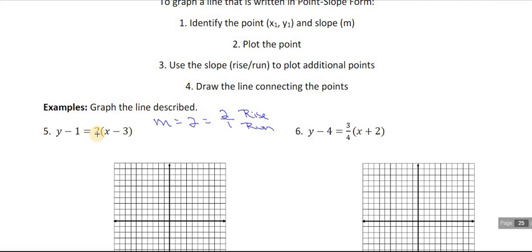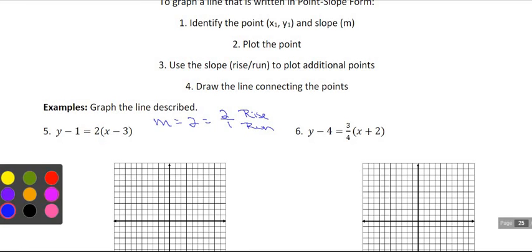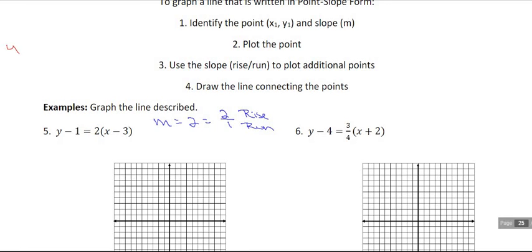Now, because of our formula, the formula says y minus y1 equals m times x minus x1. These negatives actually give us our point here opposite of what it is. What I mean by that, the number with the y is going to be the y coordinate of our ordered pair, and the number with the x is going to be the x coordinate of the ordered pair.